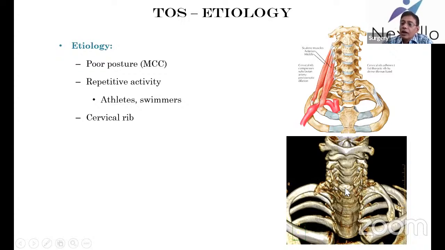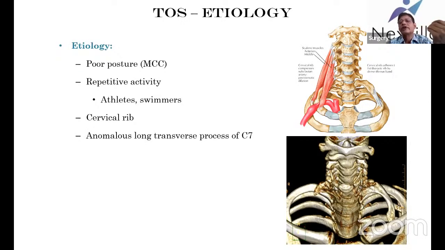Okay. Then here also you can see in this 3D reconstruction using the investigations, this is our cervical rib, which is going out over here. This is our cervical rib, which may compress the structures here. So cervical rib may compress it. Then we may have an anomalous long transverse process of the C7 vertebra.